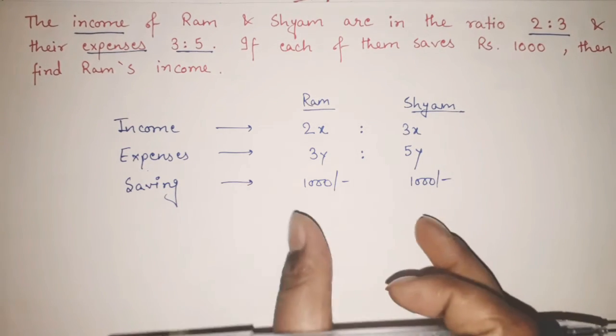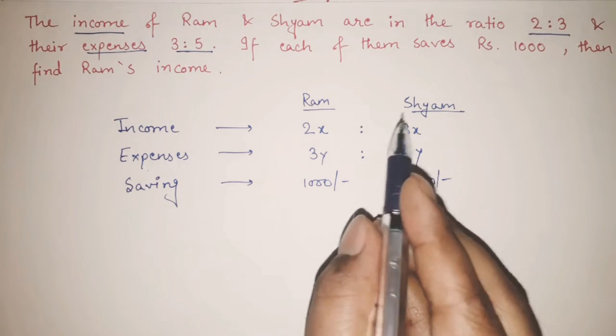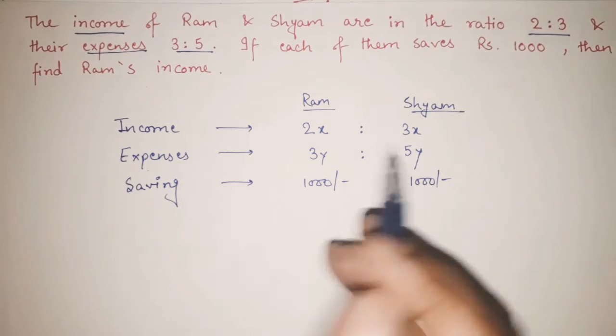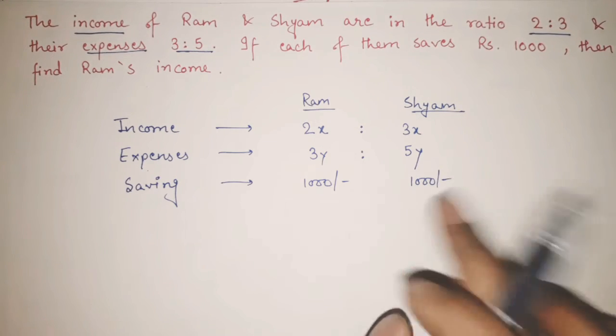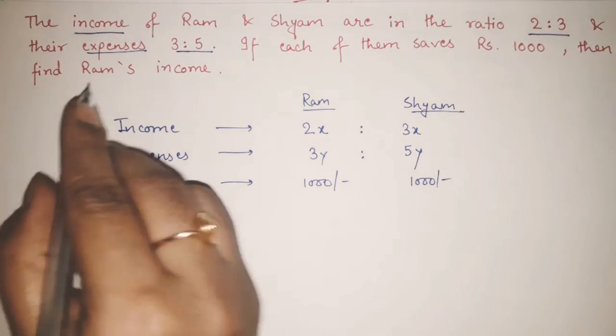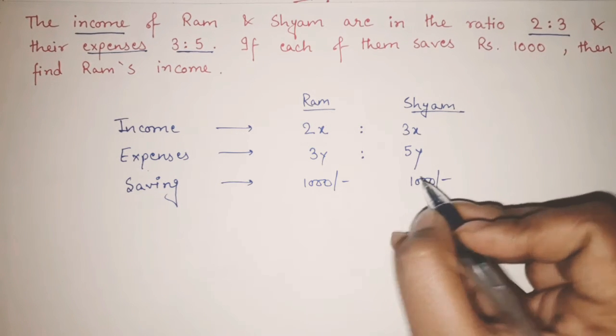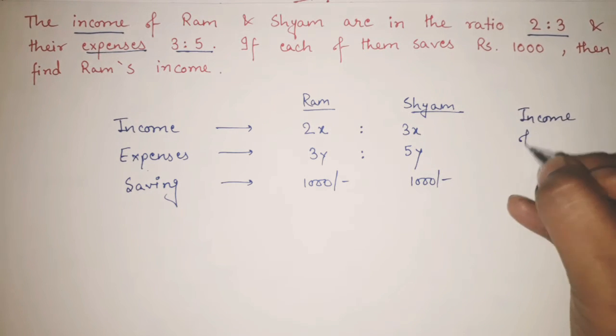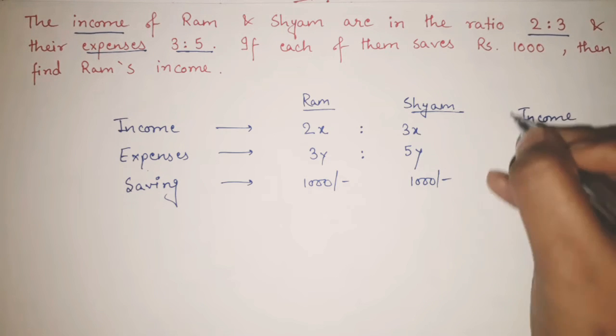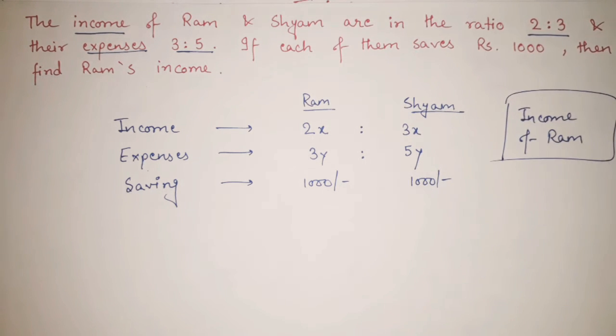That means no matter how much income they have, no matter how much they are spending, the savings that both of them are doing is 1000 rupees. Then find Ram's income. So we have to find income of Ram. Now how to do that?